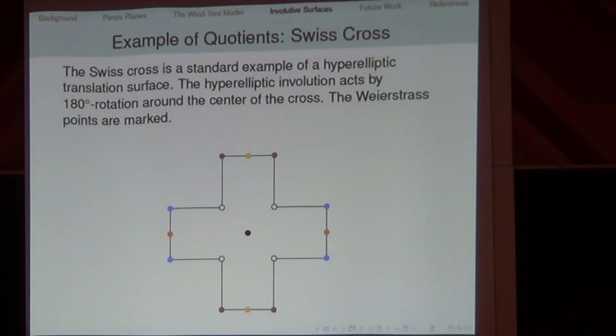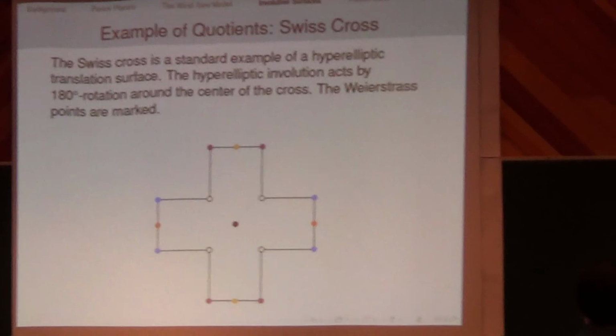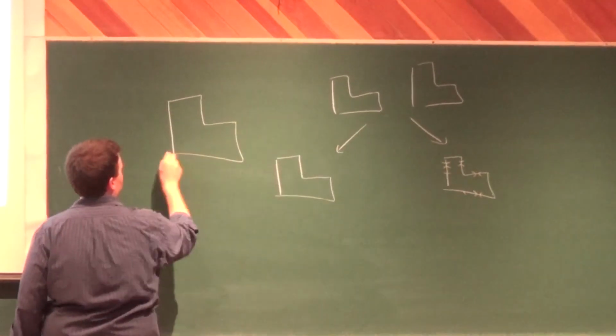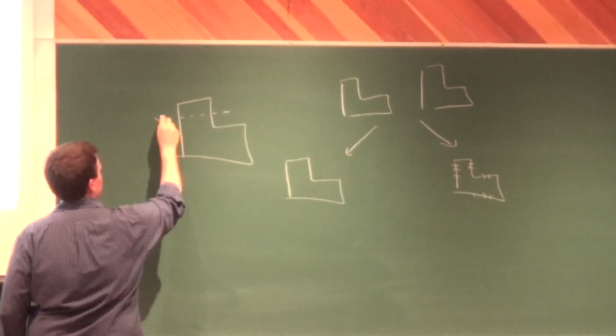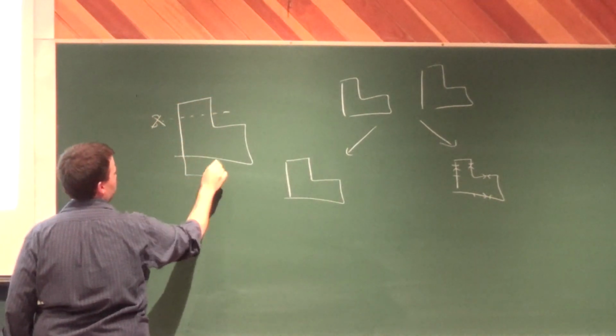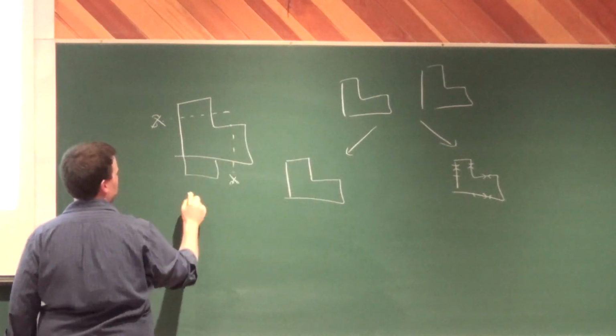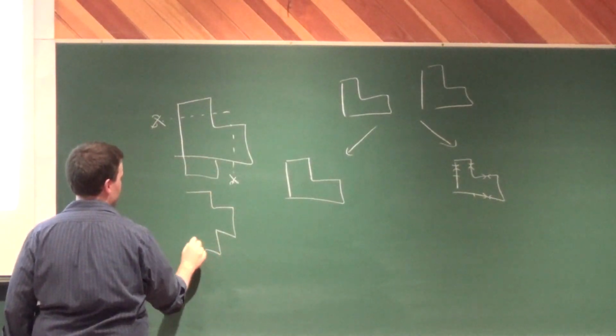And let me just give you a concrete example of that. So here I have the Swiss cross, which is really just the L-shaped surface, but I've cut one of the legs in half. So cut a leg in half, move it to the bottom, cut this leg in half, move it to the right, and that gives you the Swiss cross surface.